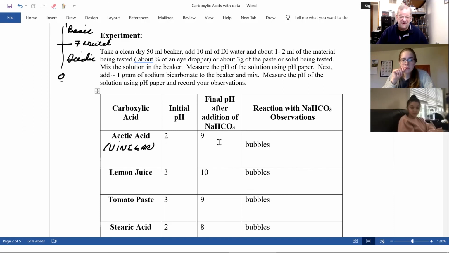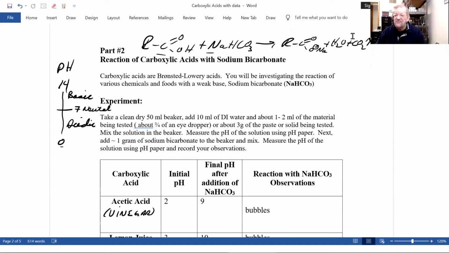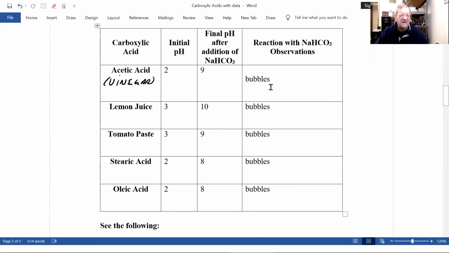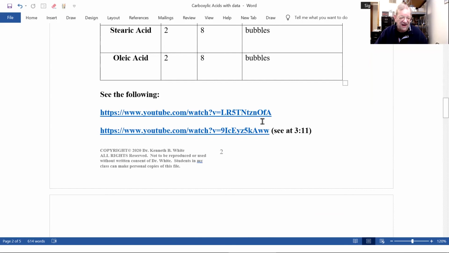And then measure the pH and observe what you see. Bubbles, hint. And bubbles, arrow up tells you a gas, and gas in a liquid becomes bubbles. And here, have fun. And if you want to see it, I have some YouTube videos that you can have fun with.